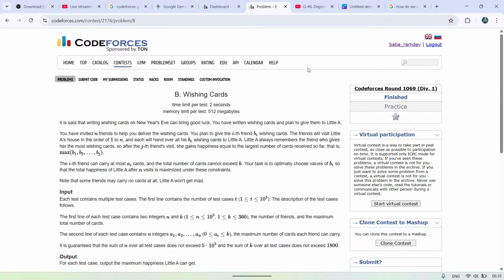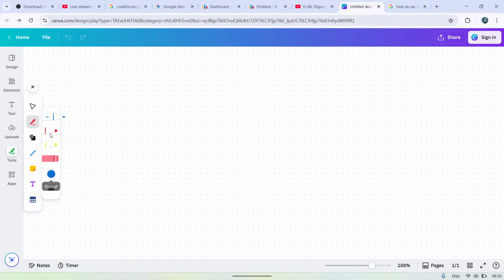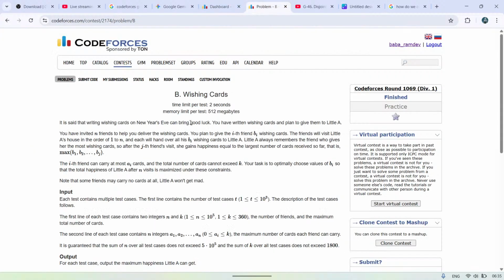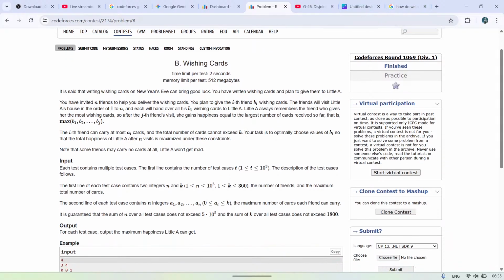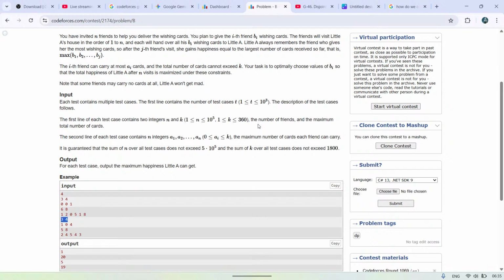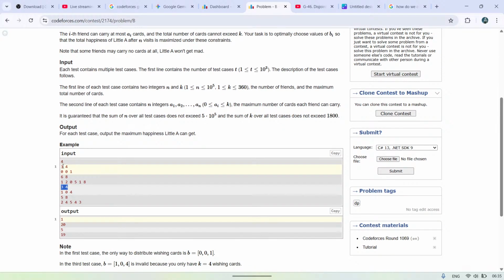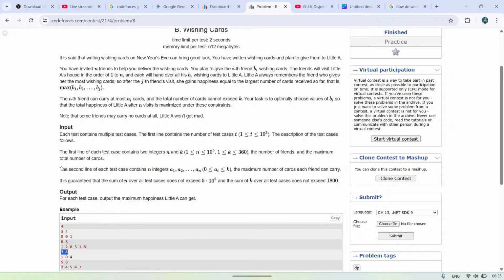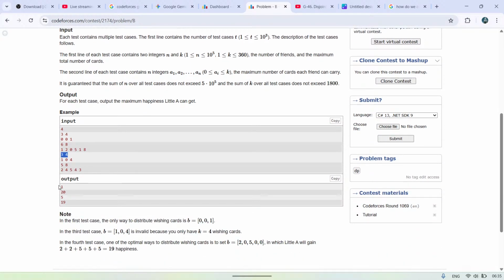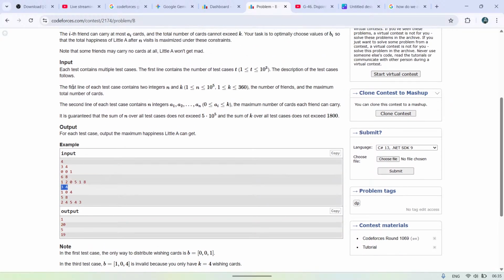So what I am understanding is that there are n friends, and the total happiness after each visit counts. In the first line, each test contains two integers n and k, the number of friends and the maximum total number of cards.